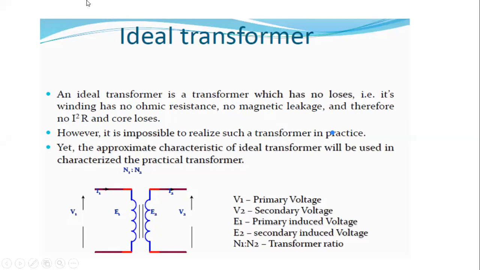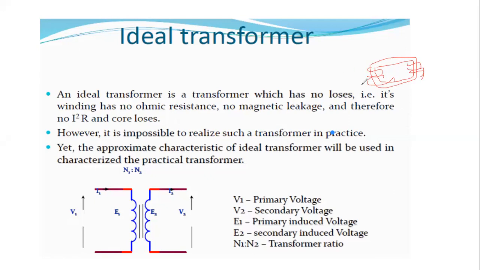Suppose we are considering a transformer. This is the rectangular core. On one side of the rectangular core we connect the primary winding, and this is the secondary winding.